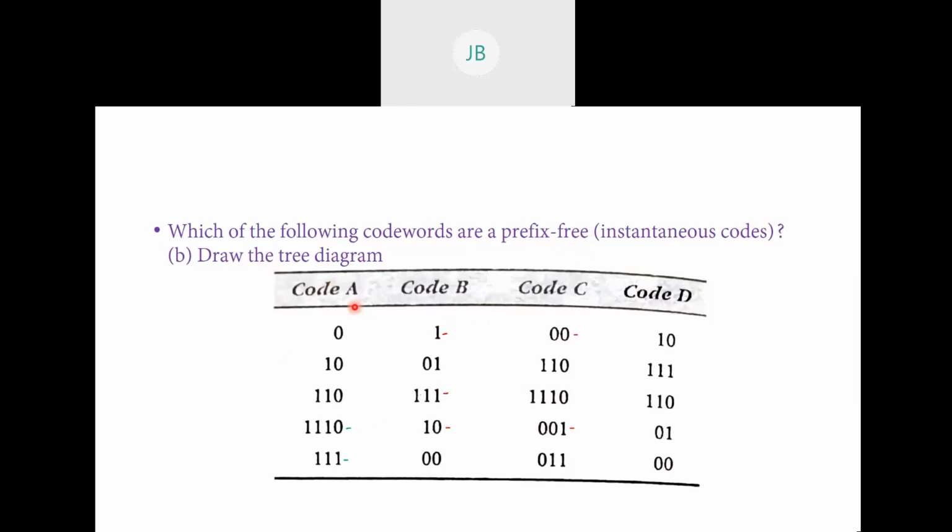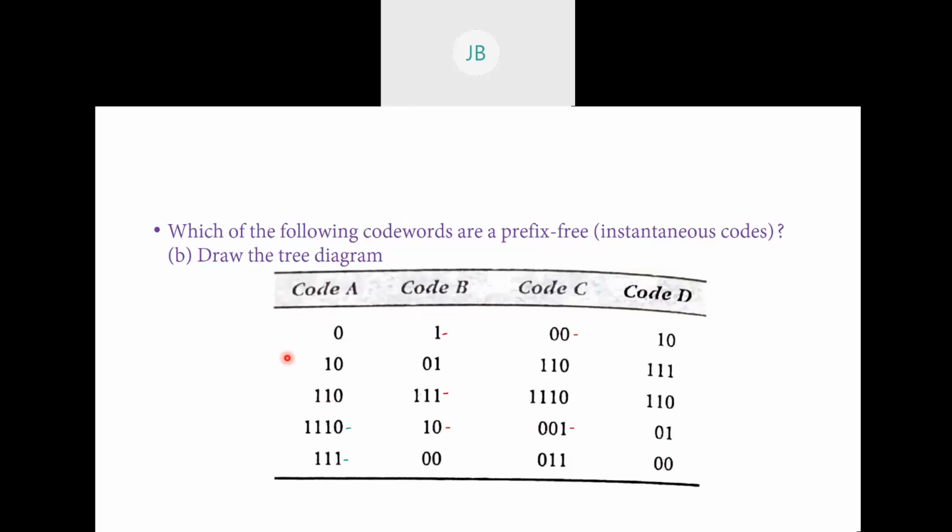For example, let us see code A. There are 5 items here. The first element is 0, second is 10, third is 110, fourth is 1110, fifth is 111. When you see these 5 elements, are they prefix-free? Is one code word entirely different from the other when you consider every bit position?